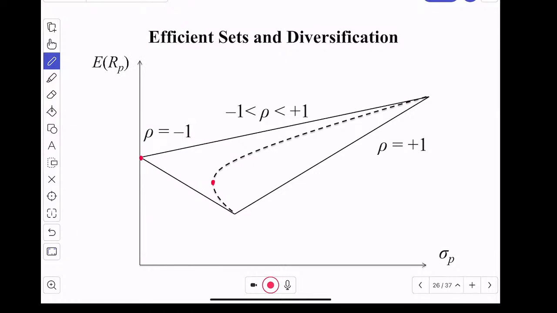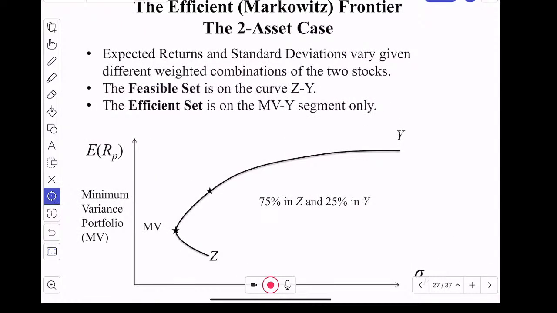Okay. So remember your axes, return here and risk here. This is expected return of the portfolio now, and this is the standard deviation of the portfolio. Any questions?